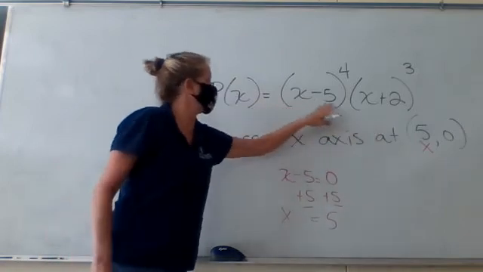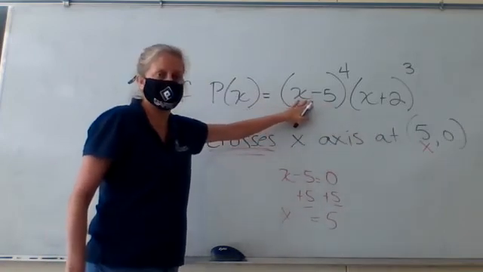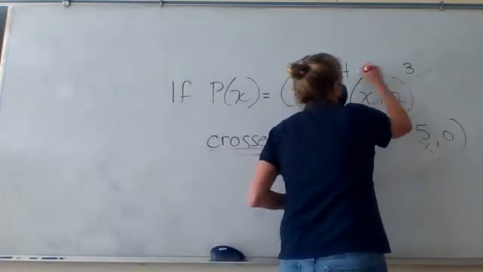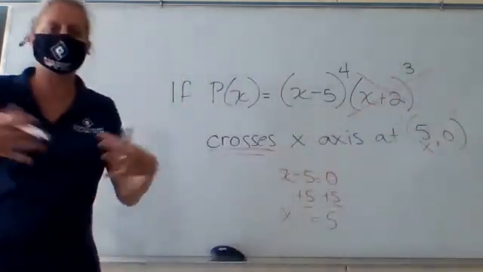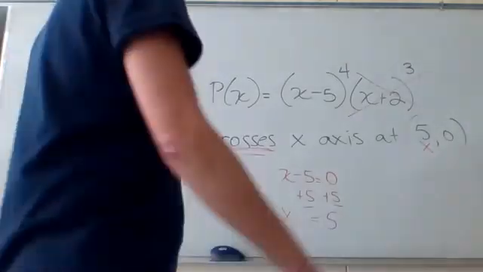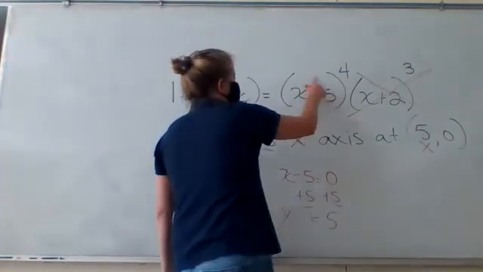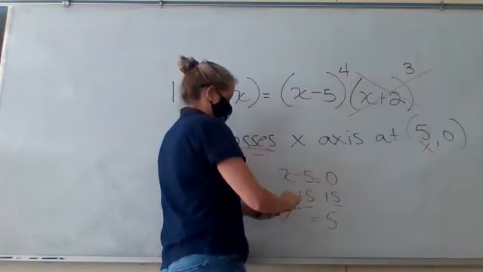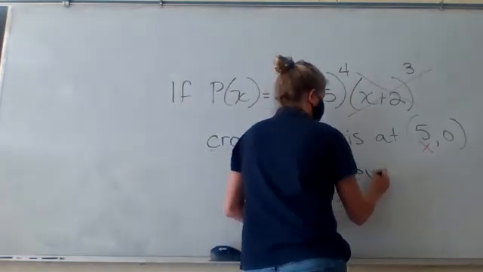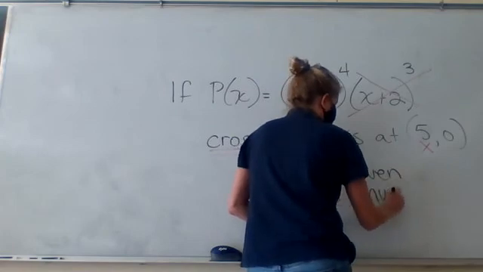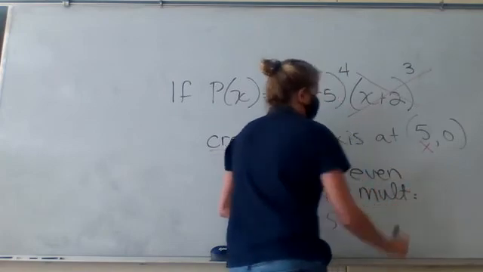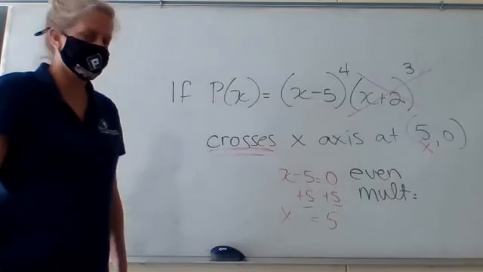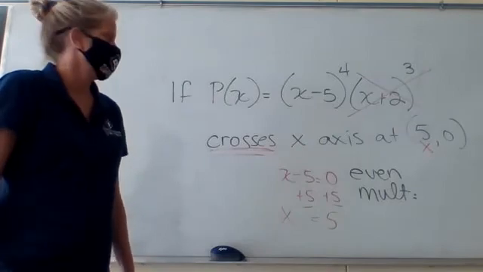So this x-intercept came from this factor, not this one. So we just totally ignore that, right? It has nothing to do with what this problem is saying. What is the multiplicity at this x-intercept? It is even, because the exponent is even. What does even multiplicity tell you?